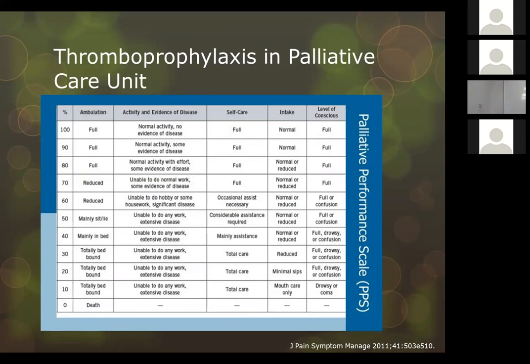Within that, there are 11 different levels of PPS ranging from 0% to 100% in 10% increments. Every 10% decrease has a fairly significant decrease in physical function, as you can see as you read across. The PPS is a good way to help interprofessional teams communicate with each other about a patient's prognosis and how well they are doing.